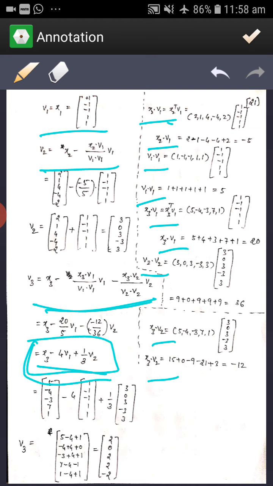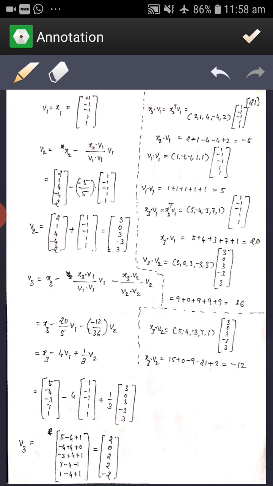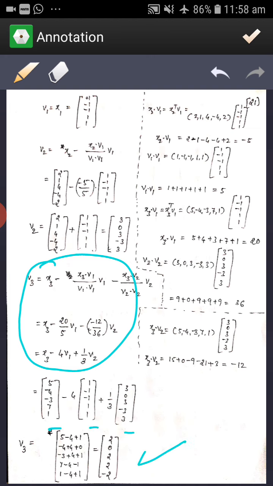This equation is for x3 only. You put in the values of x3, v1 and v2, and together we get v3 here. We have calculated v2, and v1 is straightforward.